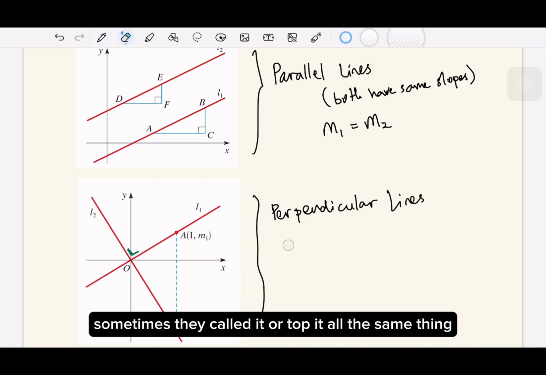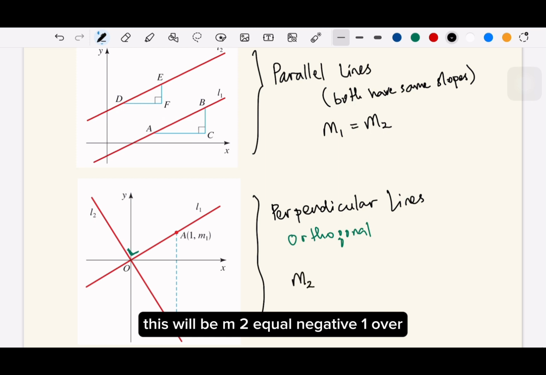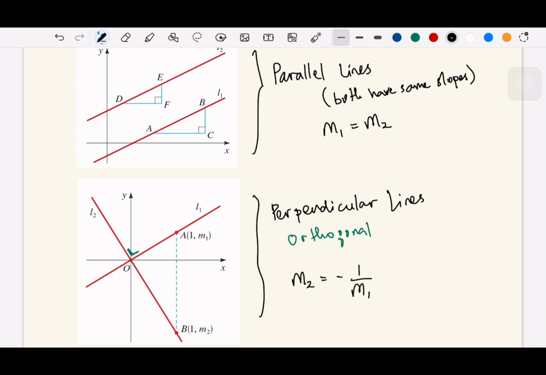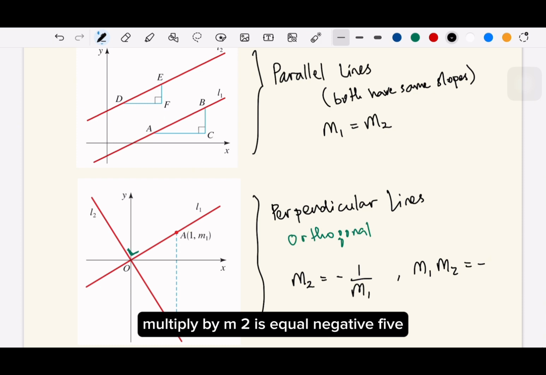Sometimes they call it orthogonal, the same thing. This will be M2 equals -1 over M1. Or we can say that M1 multiplied by M2 is equal to -1.